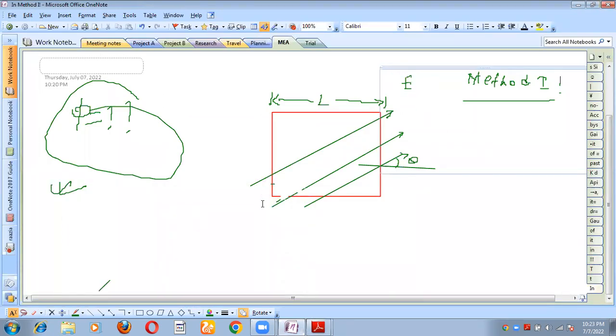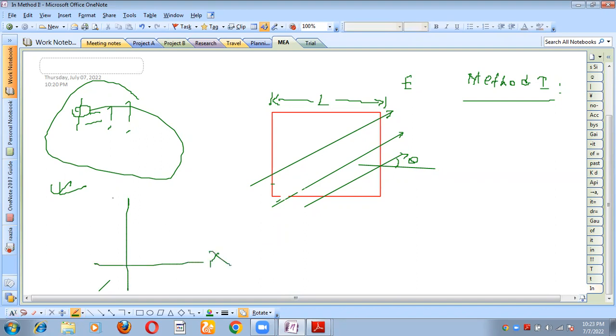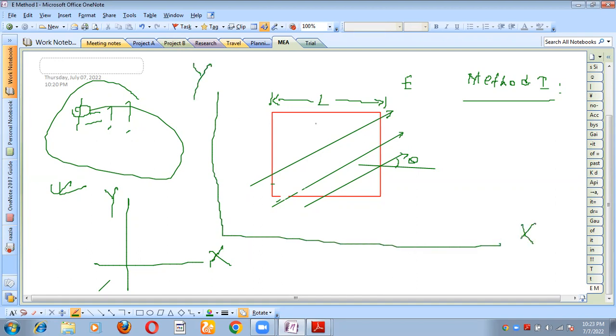It means if you consider the plane of the board or the plane of the screen as the plane, the square and the electric field both are in the same plane. Suppose I say this plane is the XY plane, then the electric field as well as the square both are lying in the XY plane. Getting the point? Okay. So generally how do we find flux here, can we apply Gauss law? Anyone?